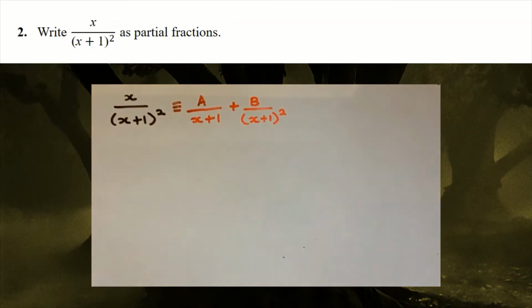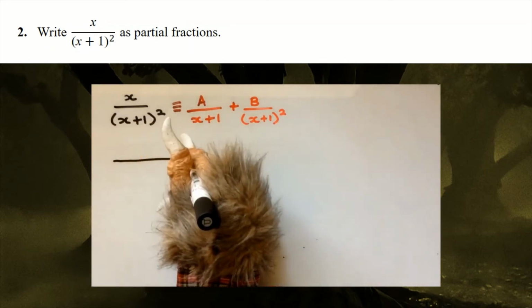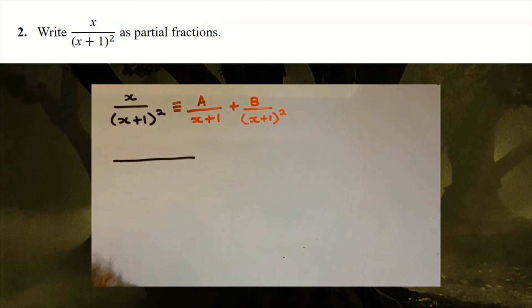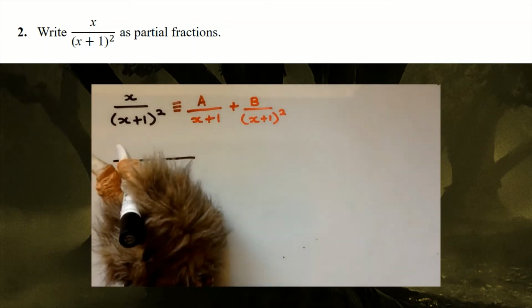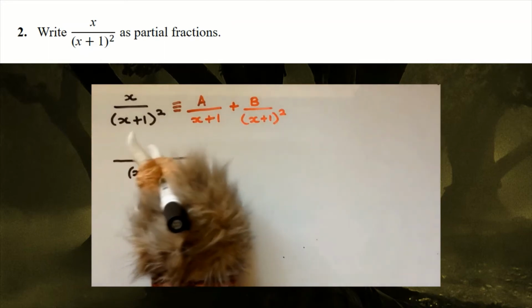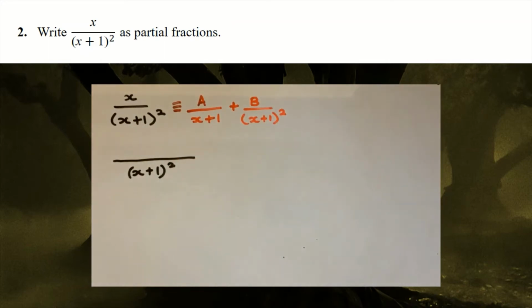Okay, so let's work on the right hand side and recombine what we've got here to create the left hand side. So working on the right hand side, we're going to get this. So everything is going to be over x plus 1 all squared. Okay, and let's think about how do we form the equivalent fractions.